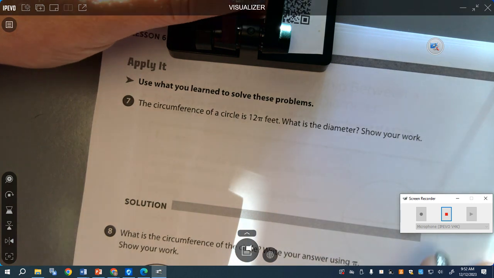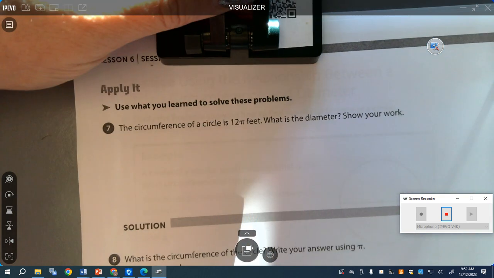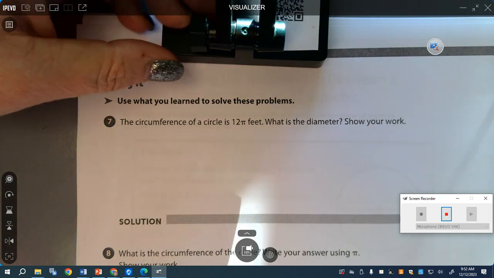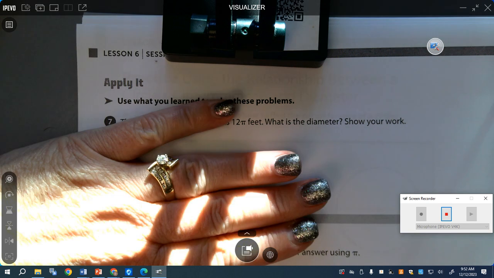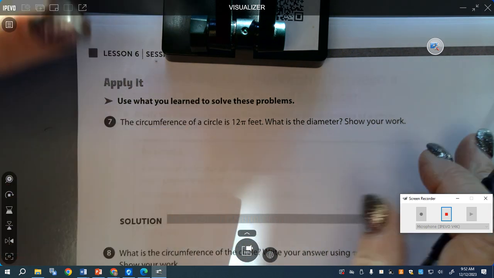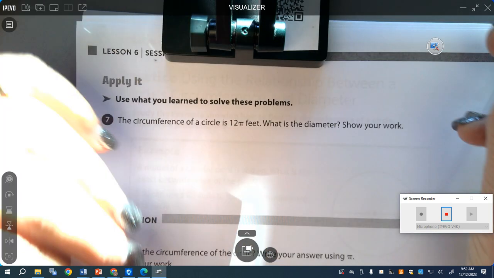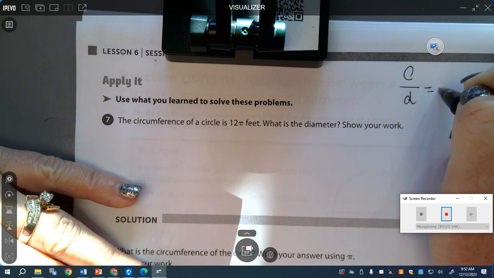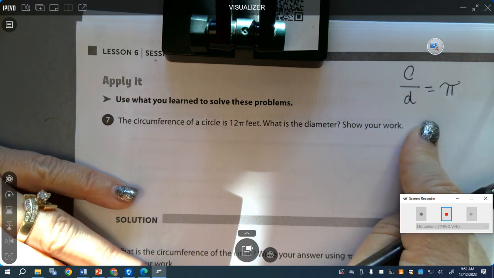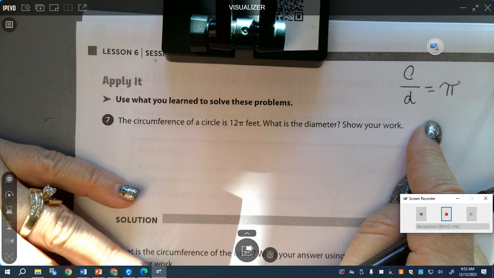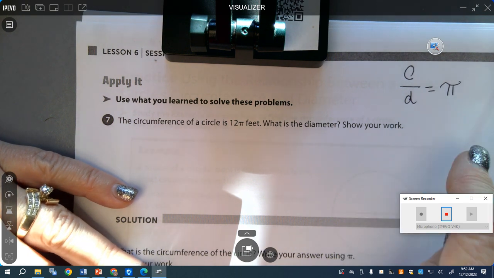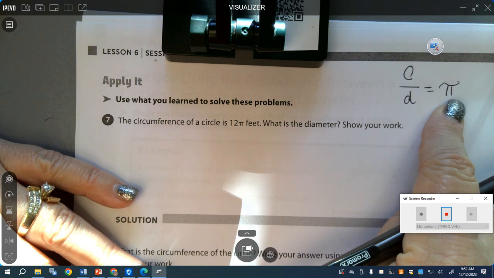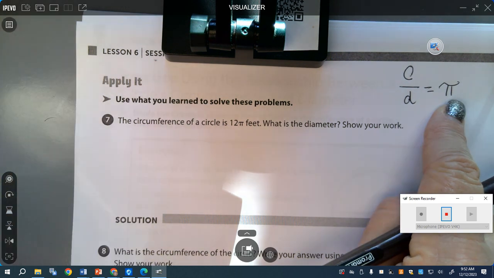On the side, I'm going to share with you what the formula is to find the circumference of a circle. Now, this is brand new. We haven't talked about this yet. So we knew that circumference divided by diameter gave us pi. Correct? Don't zone out. Pay attention because this is really important. Let's say I know the diameter and I know the pi value is either the pi symbol or 3.14.